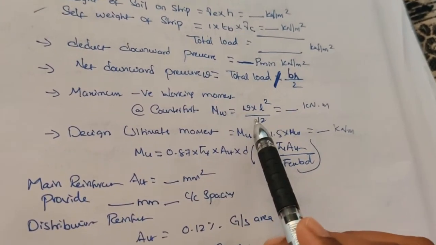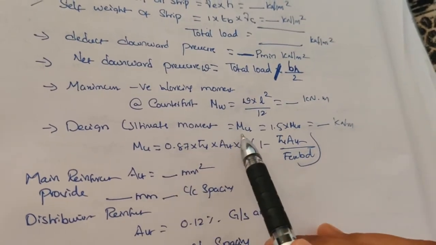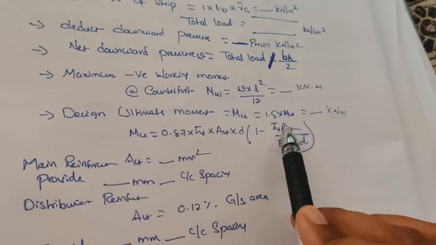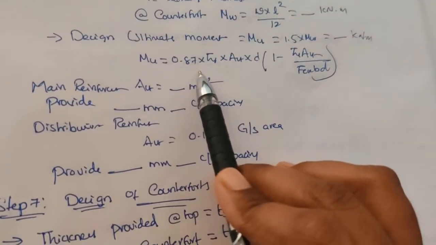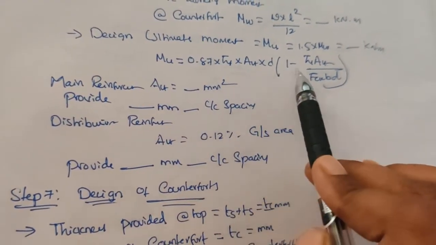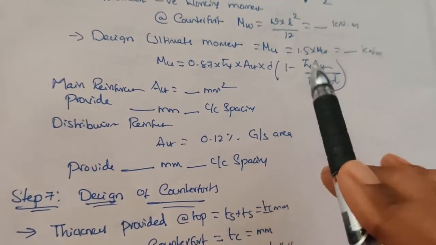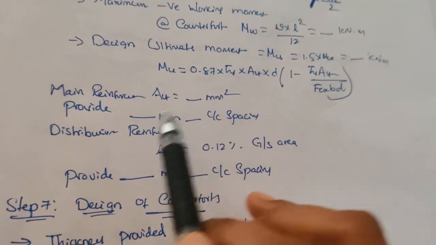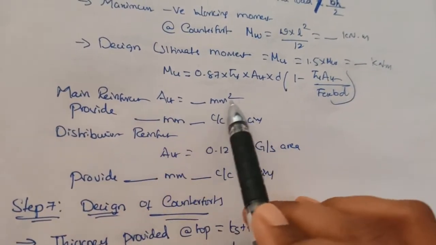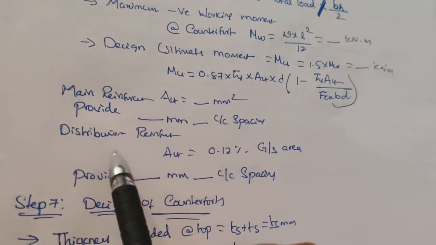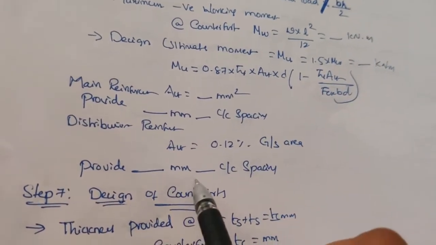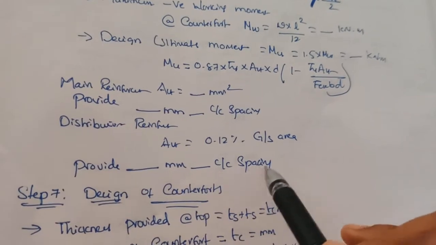After finding this, you will find the ultimate moment, nothing but factor of safety into working moment. From this ultimate moment, by using the formula Mu is equal to 0.87 fy Ast d into 1 minus fy Ast by fck b d, you will follow the same procedure: main reinforcement, adopting some mm diameter, and providing a certain spacing, and distribution reinforcement with the help of gross area. We will provide the minimum reinforcement with the minimal spacing.